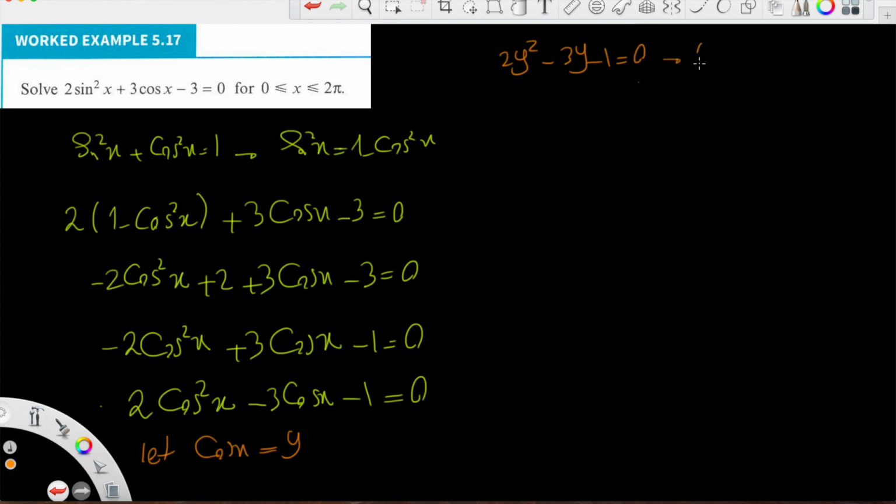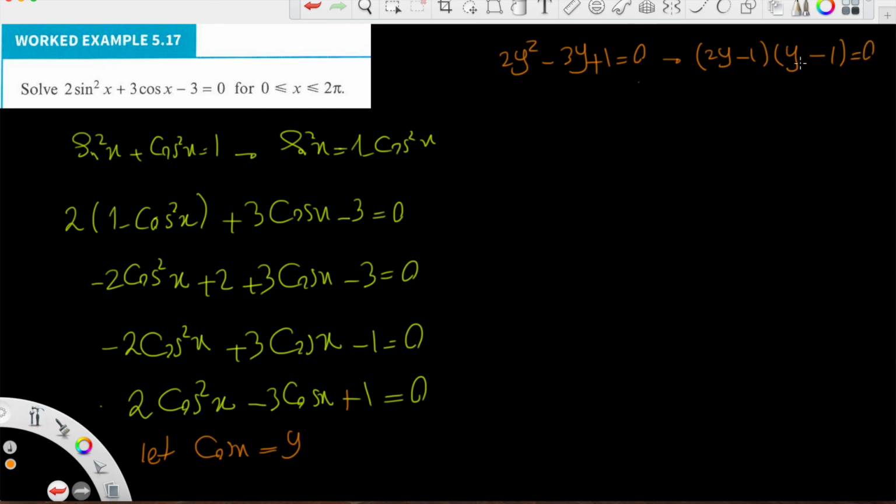If you factorize it, it will be 2y minus 1 times y minus 1 is equal to 0.